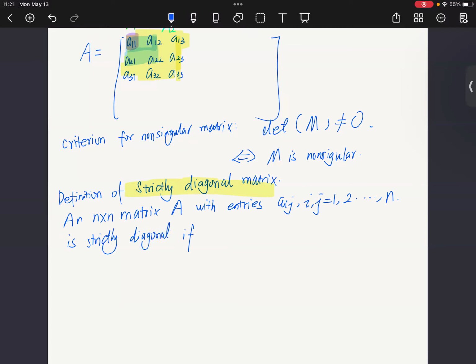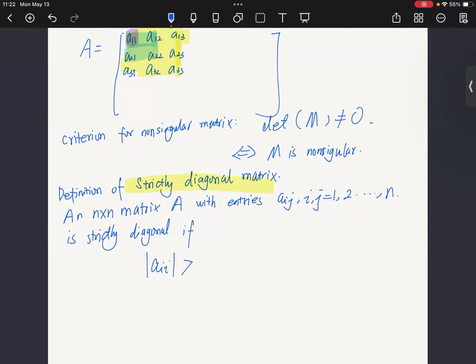And it's super easy. The criterion is, for each row, the absolute value of the diagonal element Aii is bigger than the sum over j from 1 to n, with j not equal to i, of the absolute value of Aij, for i equals 1 to n. And this is the definition of a strictly diagonally dominant matrix.